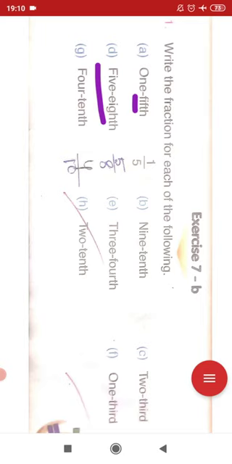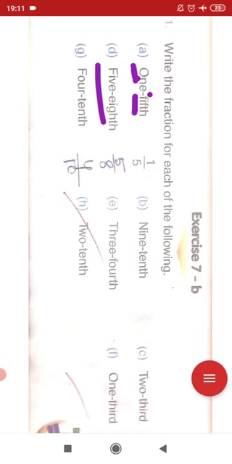So the first name, one-fifth, means 1/5. This is the fractional number. 1 is the numerator, 5 is the denominator. The first word, one, is the numerator. Fifth, that means 5, will be the denominator. So if you split this name, you get two things.